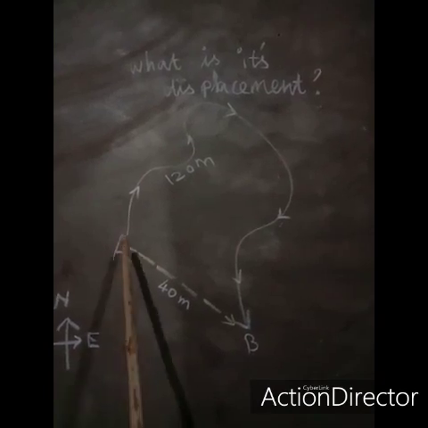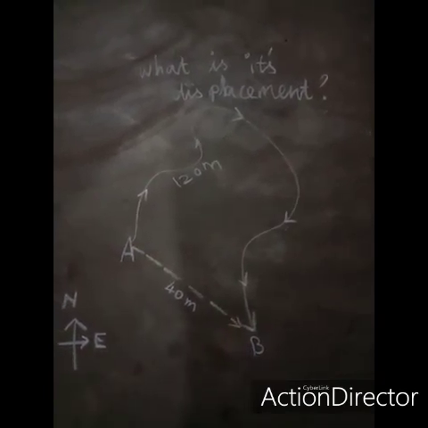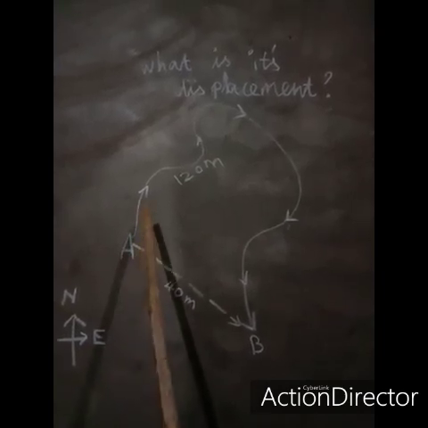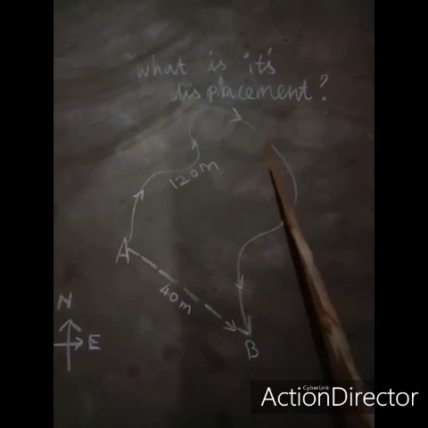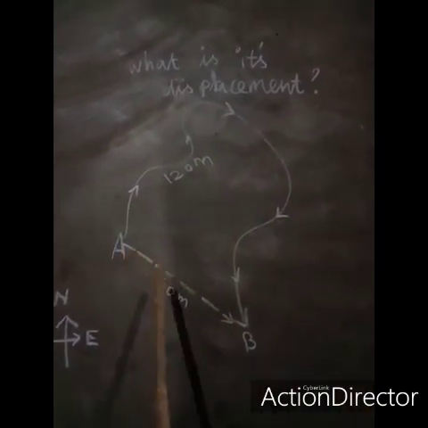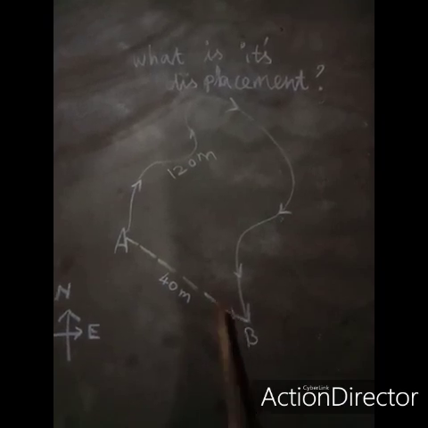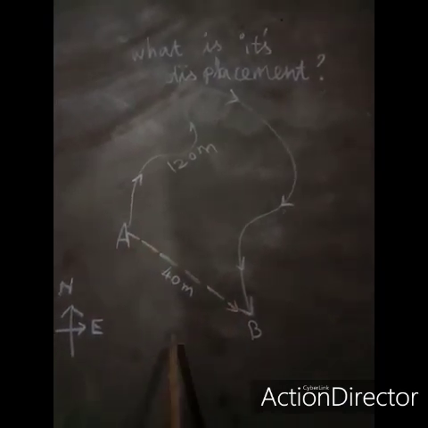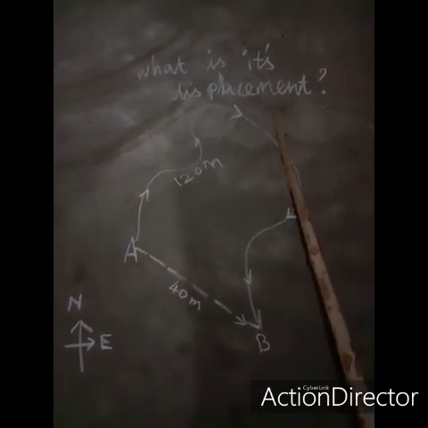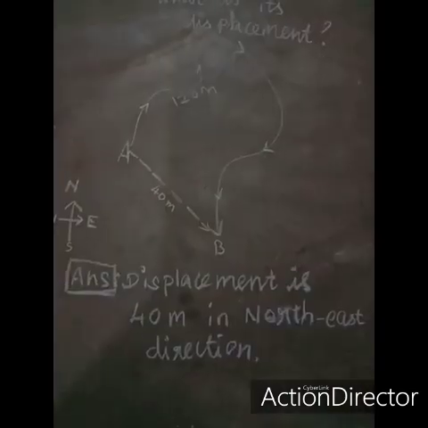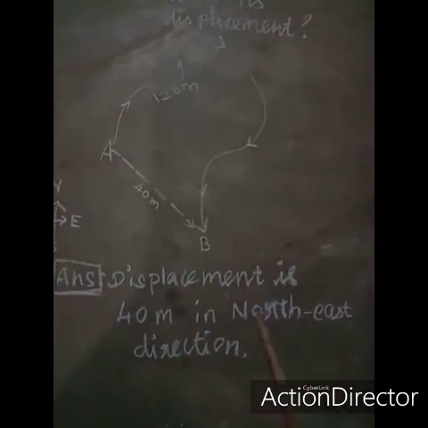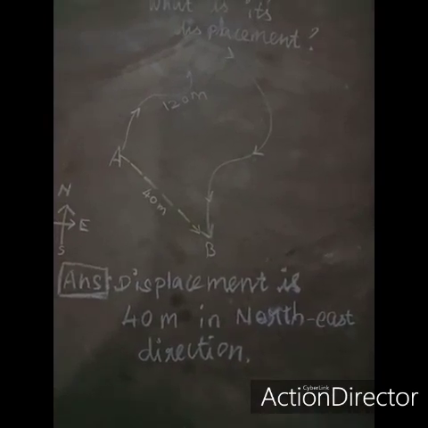Yes, 40 meters is the displacement here, because 120 meters is the distance covered by the object and 40 meters is the shortest distance between A and B. So 40 meters is its displacement. The displacement of the object is 40 meters in northeast direction.